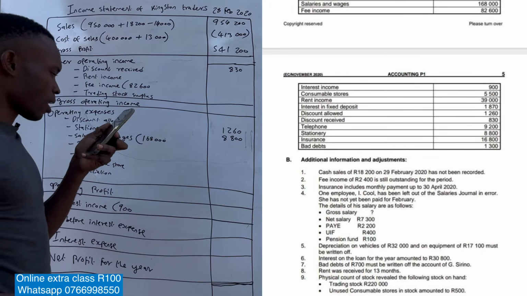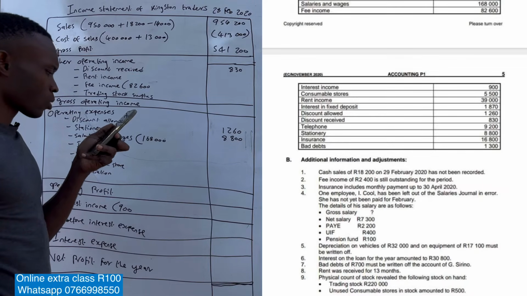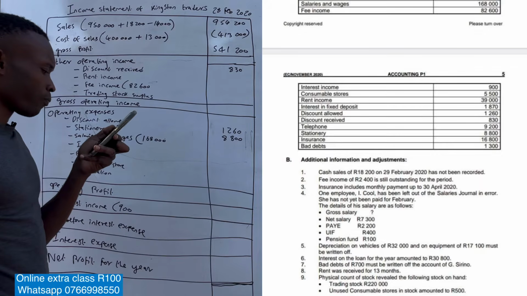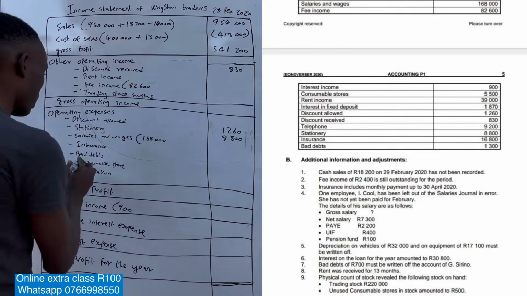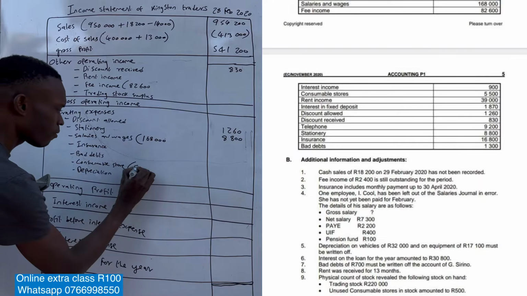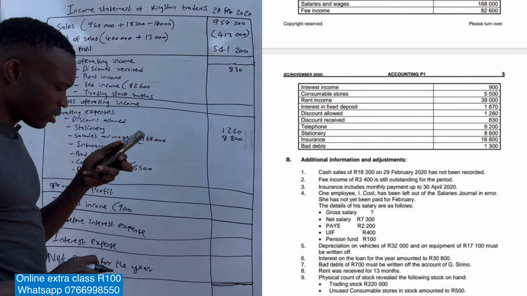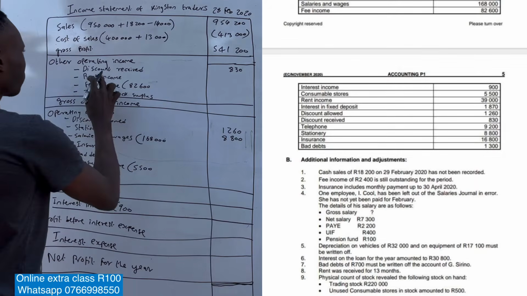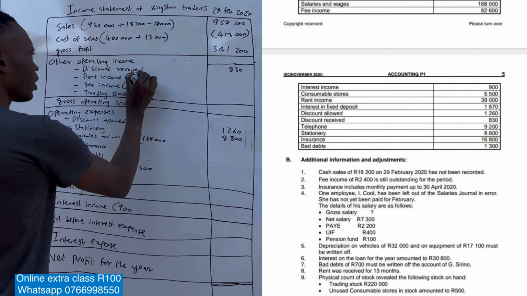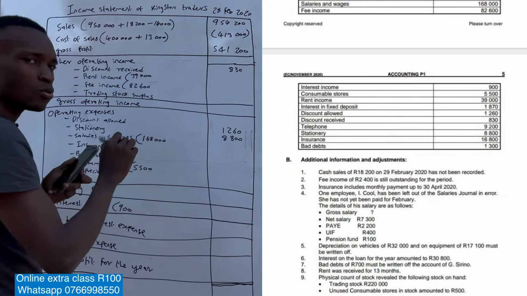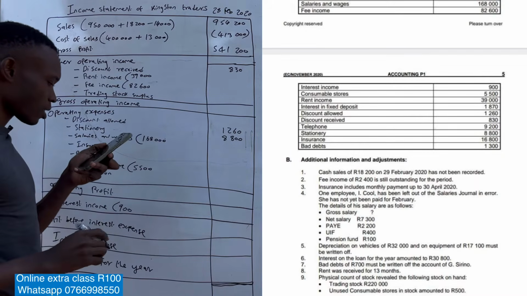And the other one, consumable store, 5,500. Consumable store is here, 5,500, 1 mark. Okay, and the next one, rent income, 39,000. That's 39,000 before you even read your transactions, 1 mark, another mark.